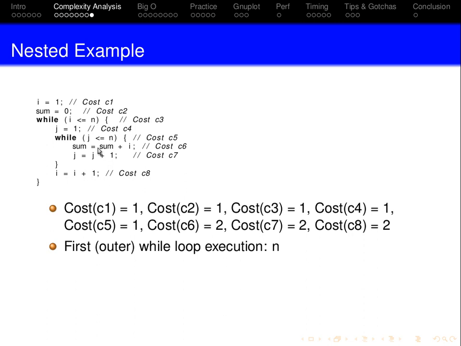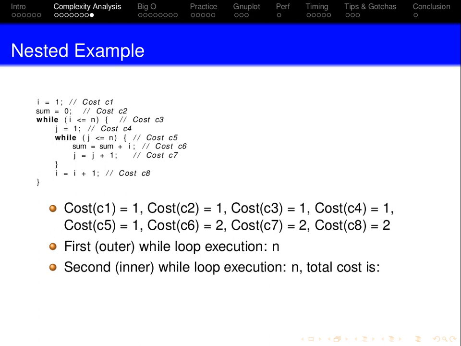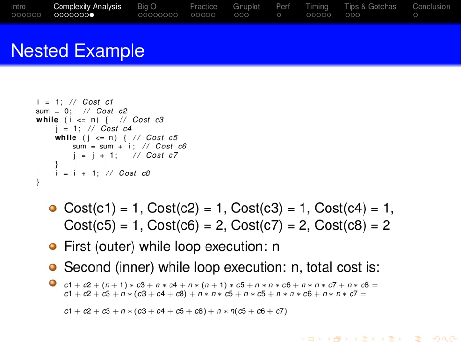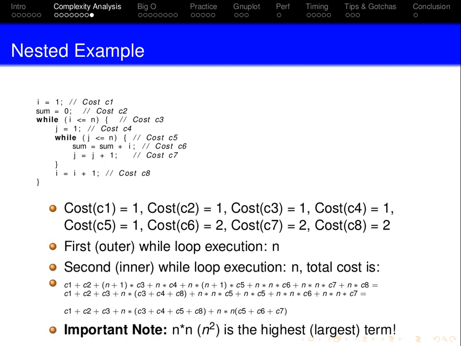So it's 5 plus 5N, all times N. You can math it all out and get something similar to this. There's something very important in this final formula that you need to recognize: the n squared is the largest term. Keep that in the back of your mind, and you'll find out in a bit why that is so important.